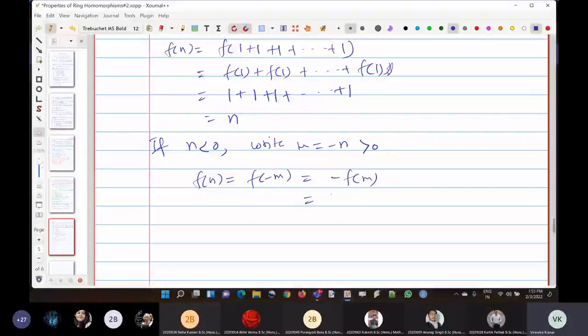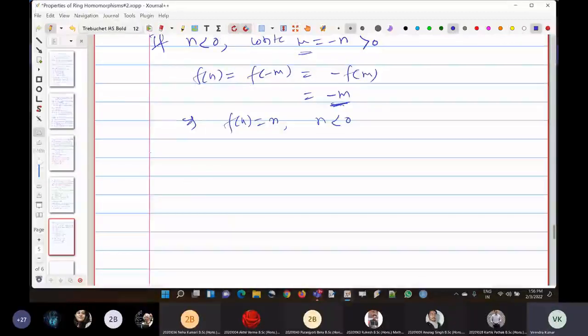And by the previous argument, we will be getting here negative m. So f of n equals n if n is less than 0. Minus times m is nothing but n.